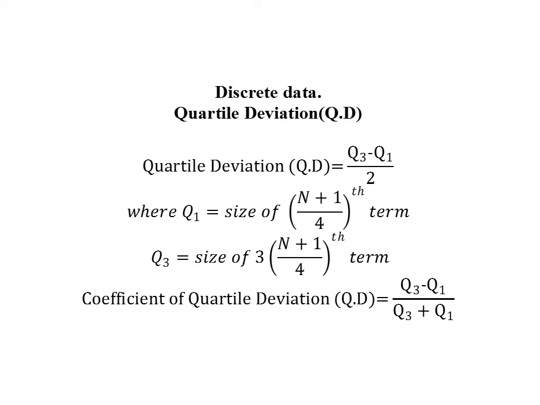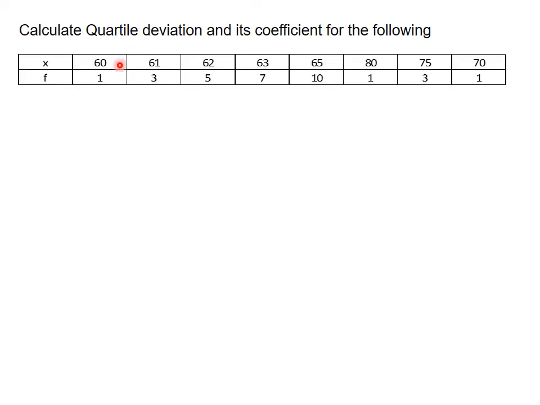So now we will do one problem regarding this model. Calculate Quartile Deviation and its coefficient for the following. The x values are given as 60, 61, 62, 63, 65 and 70, and the respective frequencies f are given.